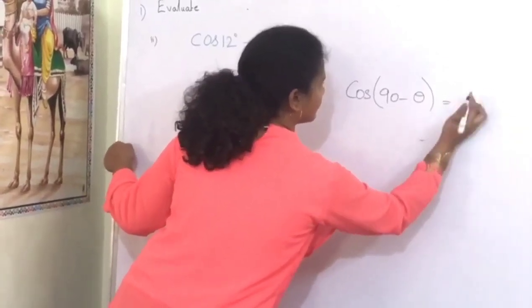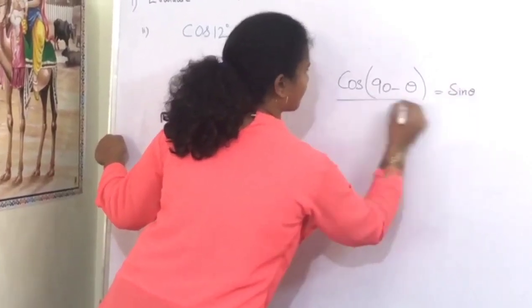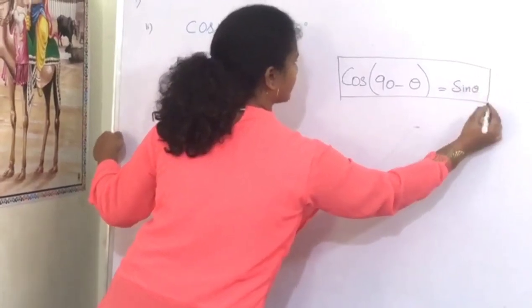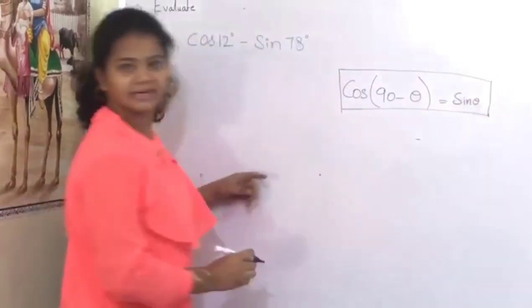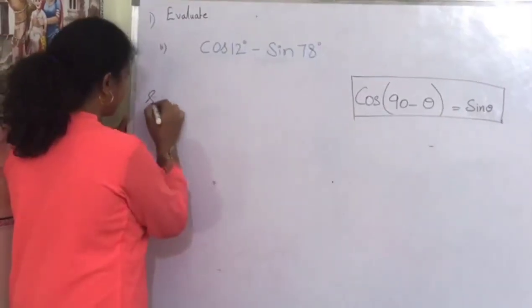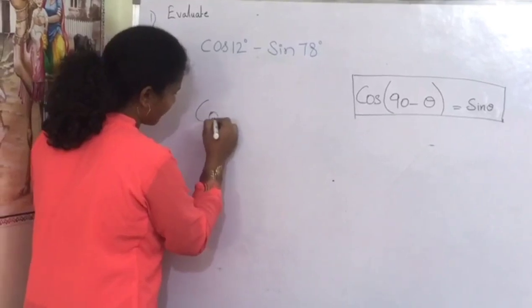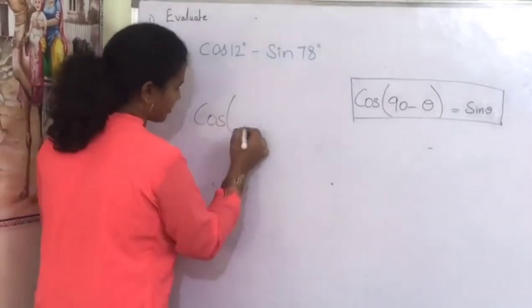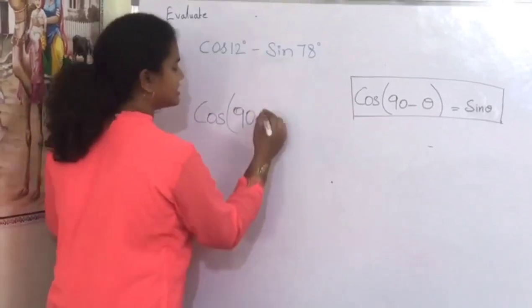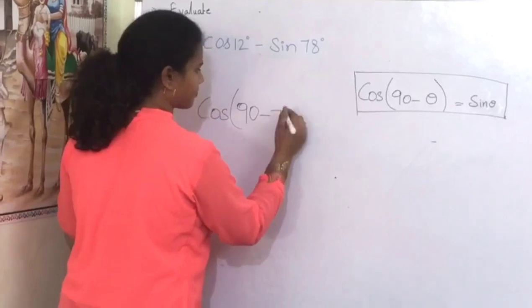Okay, cos 90 minus theta gives what? Sin theta. Now I can solve the given sum as cos 90 minus 78 degrees.